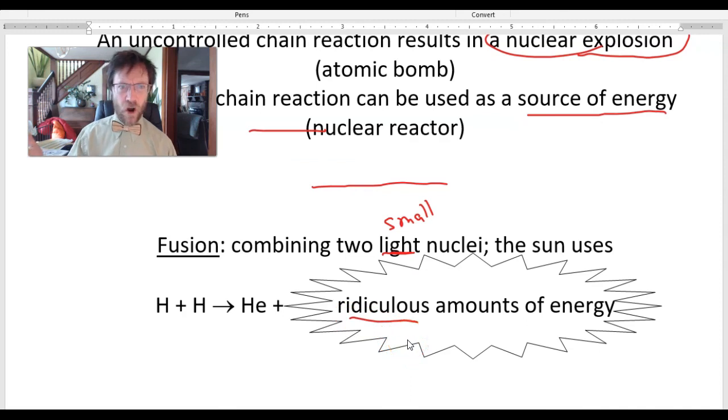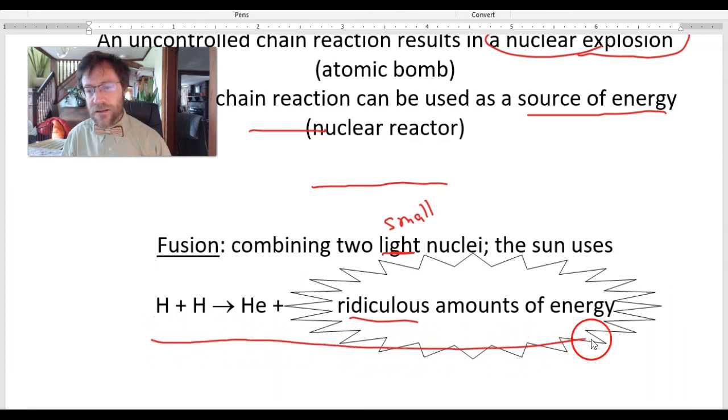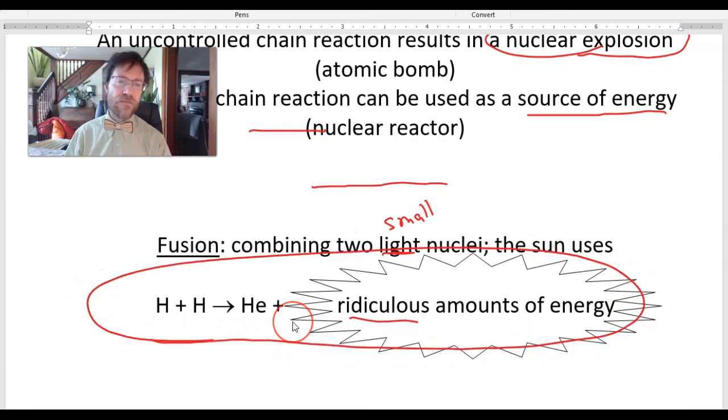It's the sun, it's stars, it's the energy of the universe. This puts out way more. We cannot quite control this in a meaningful way yet. We can make it happen, but not in a way that we can extract energy. But if we could, boy, the amount of energy. Imagine having a little teeny sun in your backyard to charge anything.